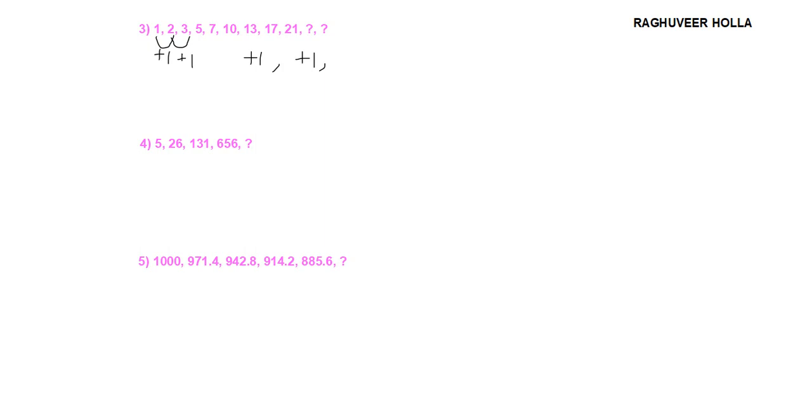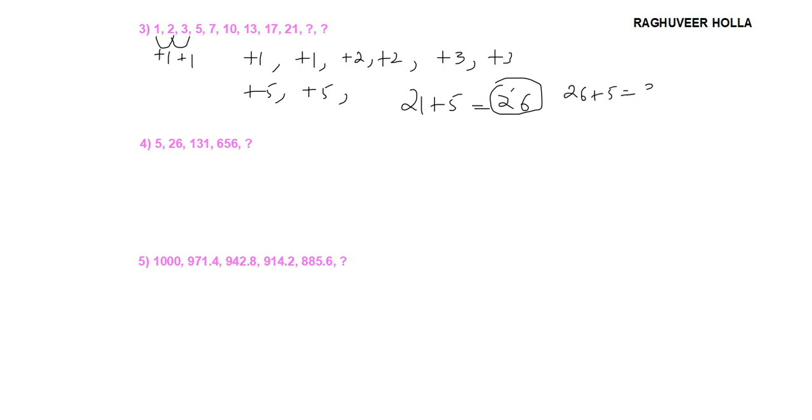Again, the next sequence is plus 2 and plus 2, right, plus 3, again plus 3, and plus 5 and plus 5. So if we add that, 21 plus 5 results in 26, right? So this is the first sequence which I would get, and the next one is 26 plus 5, so that would be 31. So this is the next sequence, 31, right?